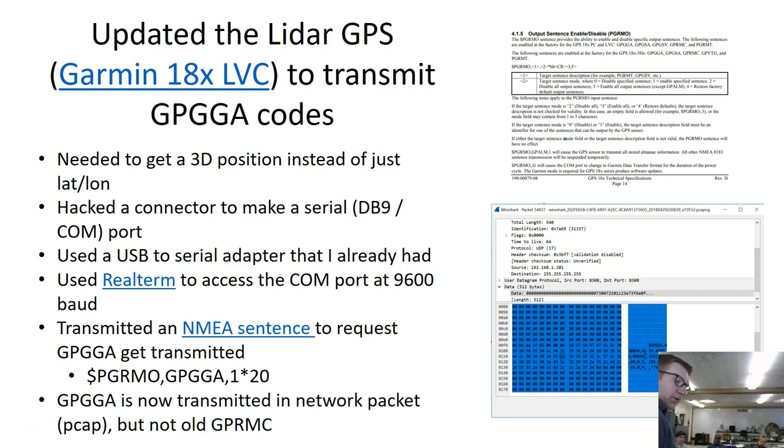And the *20 is what's called the checksum, and its job is to hash the previous characters into something so that it can tell whether it received the message properly or not. If any of these got corrupted during transfer, if there's noise on the line and it reads an X instead of an O, that checksum lets it compare and say yes, that transmission happened properly. So this was actually kind of tricky to put together.